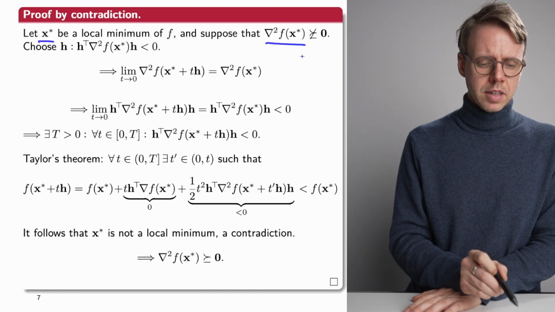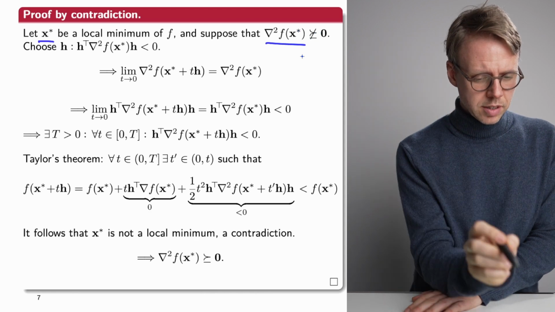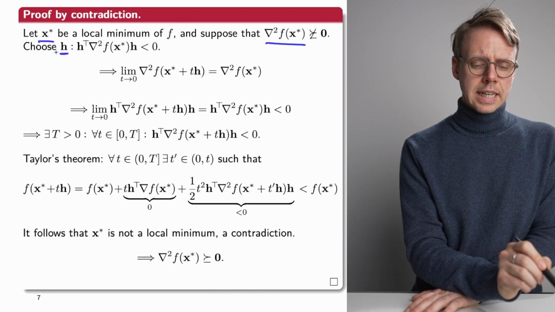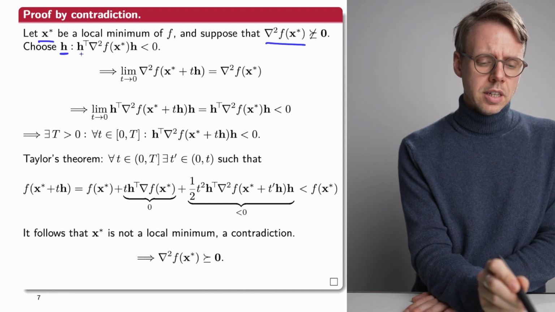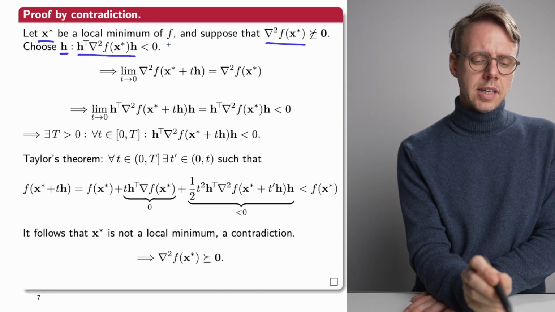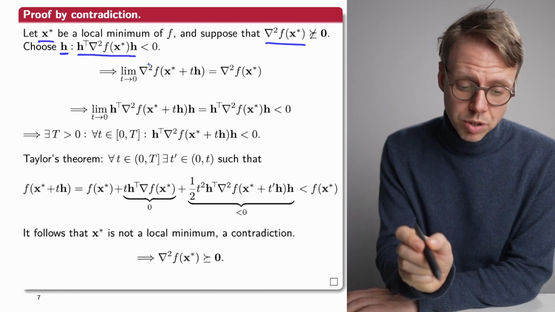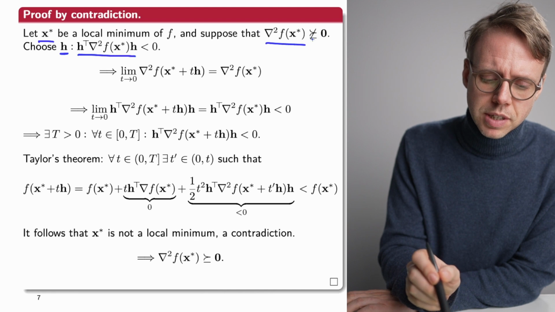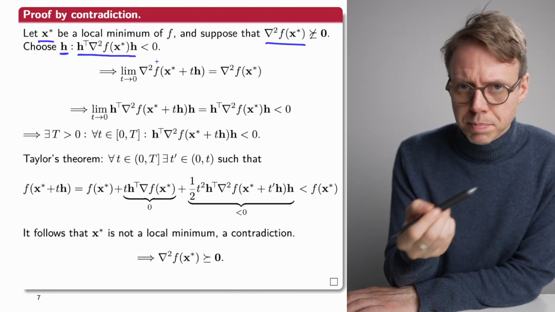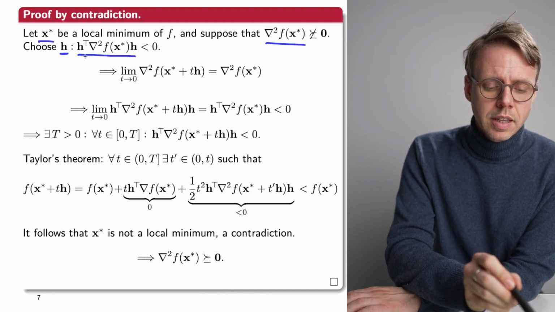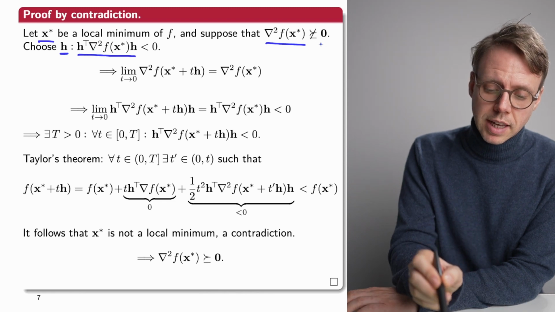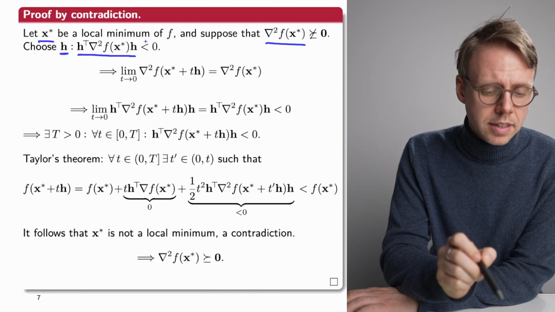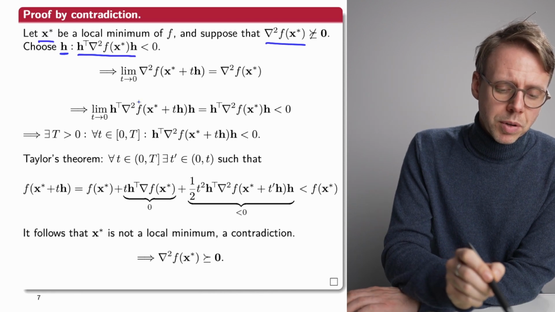Now we choose our h such that the squared form in the Hessian is smaller than 0, which we can do because it's not positive semi-definite. If it was positive semi-definite, there would not be such an h. But because we are saying it doesn't hold, we can find one. And that's what we work with.